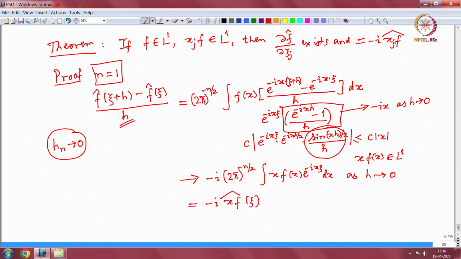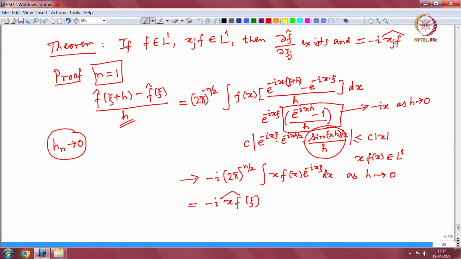If there are more powers, you are getting more derivatives of the Fourier transform. So, this is for the multiplication of the function f by a polynomial, so to speak.